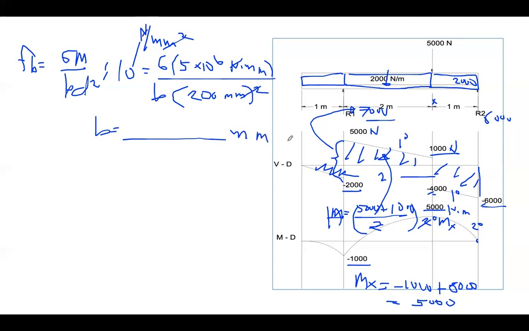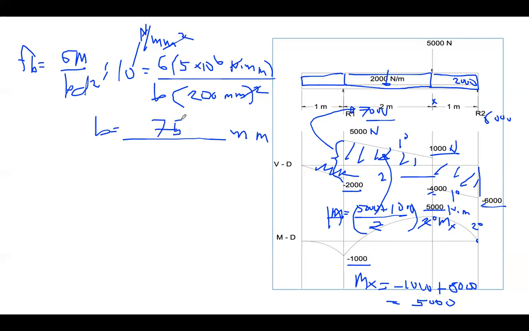Okay? Paki-calculate nga. Try natin. 6 times 5. 75, sir. 75, ano? Check nyo na lang, okay? So that is 75 millimeter.